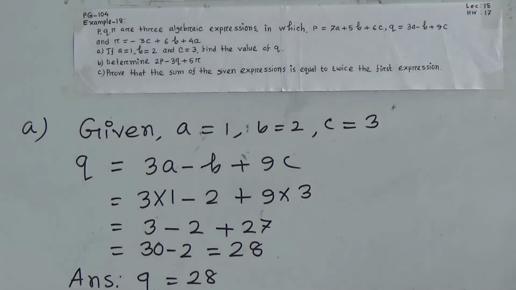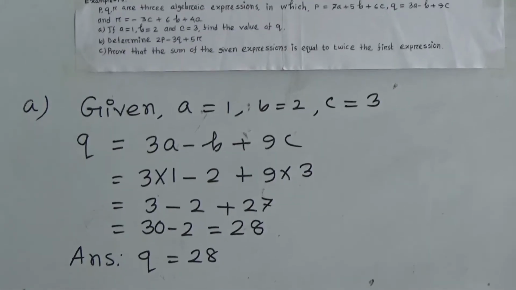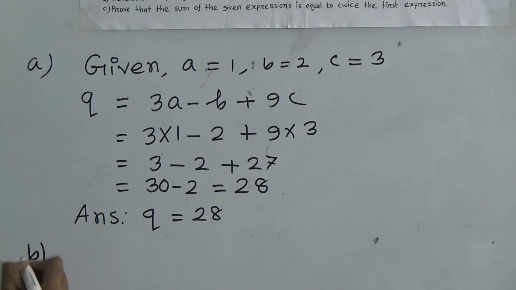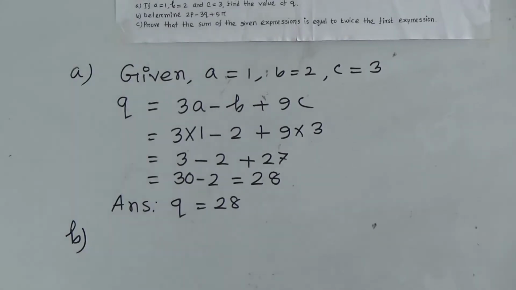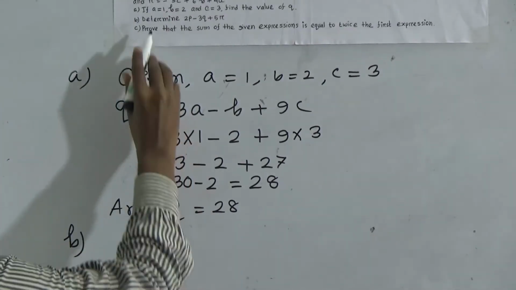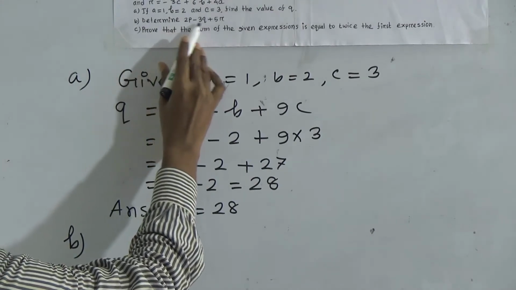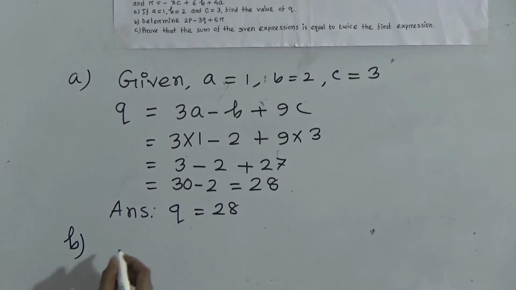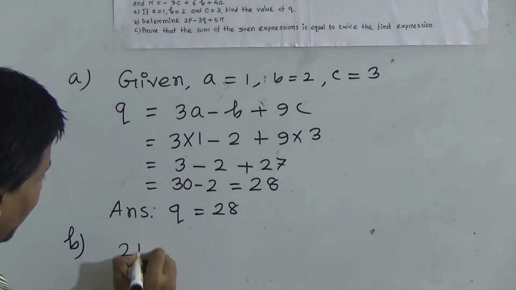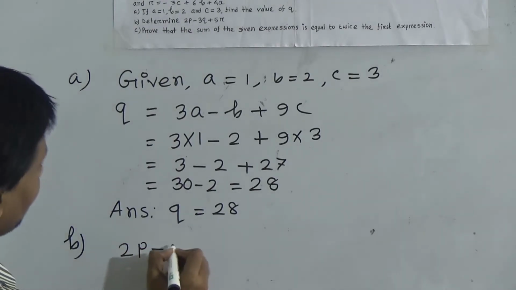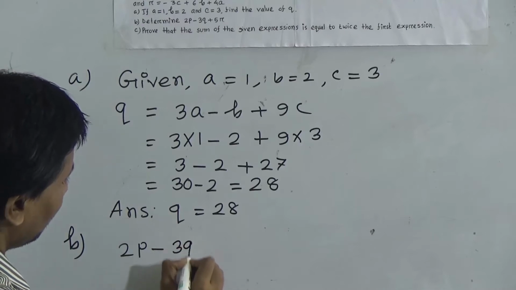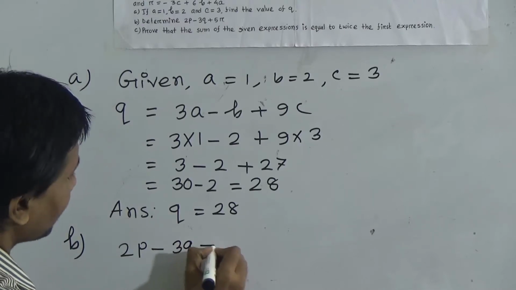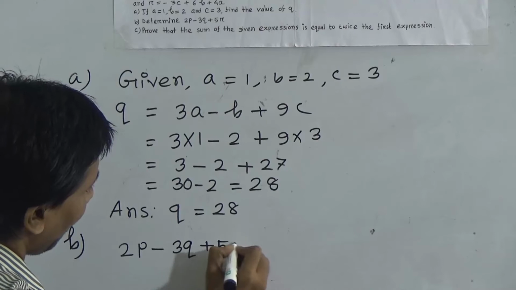Okay. Now I want to solve question number B. You see the B number question. Determine 2P minus 3Q plus 5R. Right here 2P minus 3Q plus 5R.